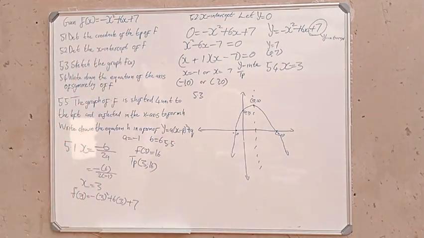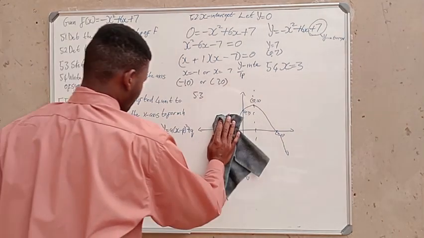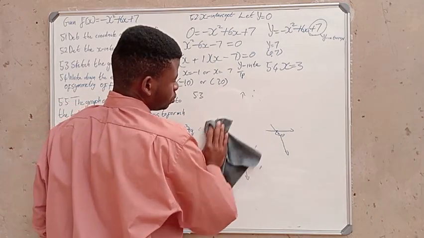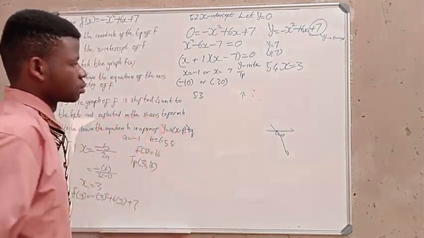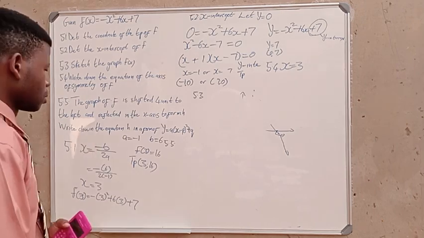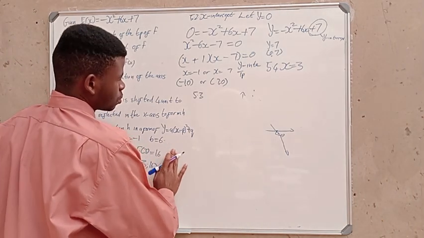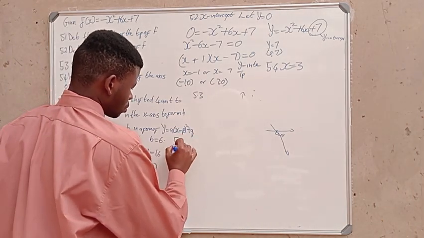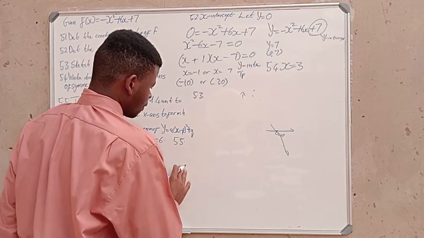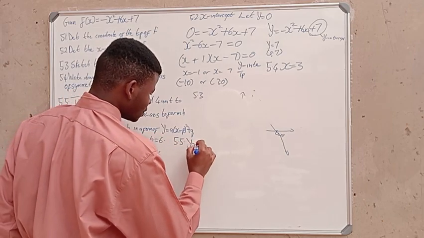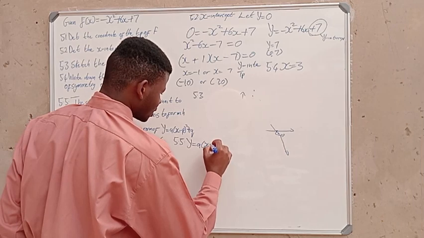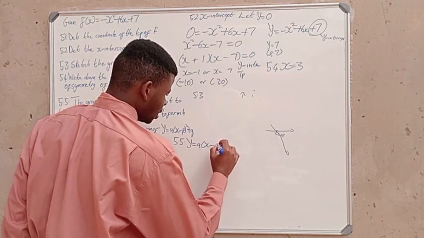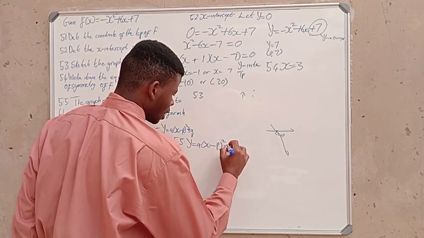Let me just erase there. 5.5: y is equal to a(x minus p) squared plus q.